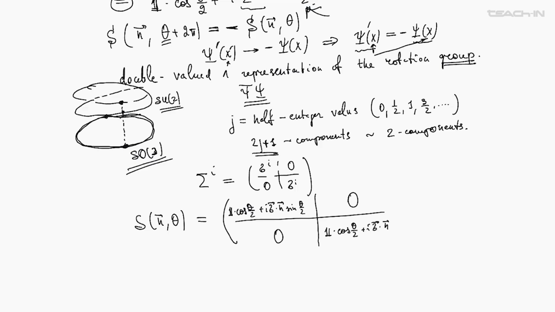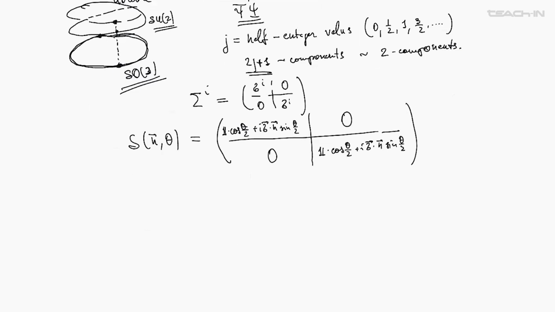And so you see that if your 4-component spinor is represented in terms of two-component spinors, so you write it as phi and chi, where each of these is a 2-component spinor.